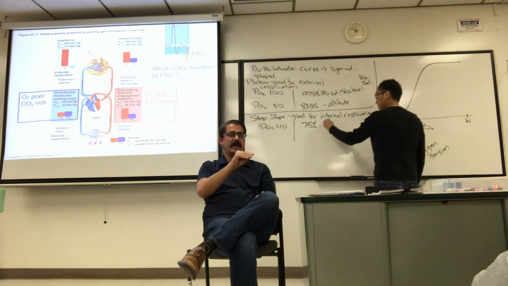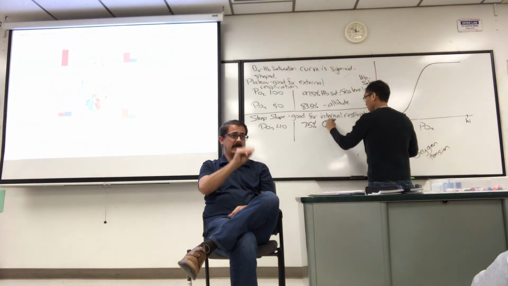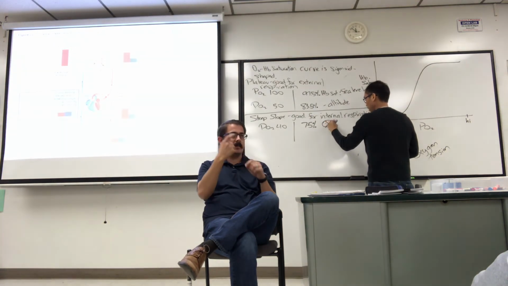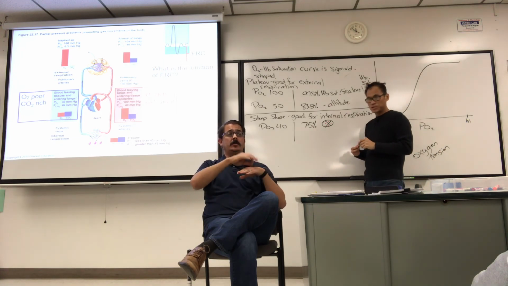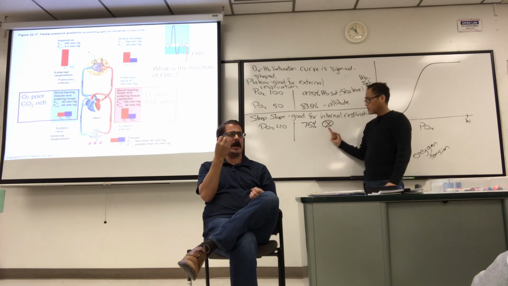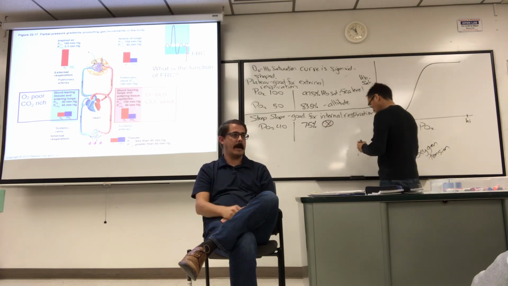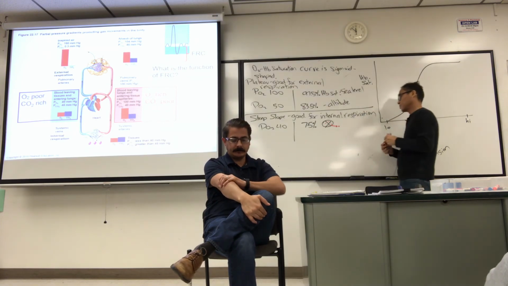So when it comes in, maybe it's nearly 100% saturated because it came from the lungs and circulated. What happens when it gets to the tissues and it encounters a lower oxygen tension, a lower PO2? How many get off? One. Very good. Boop, and that goes to the tissues.